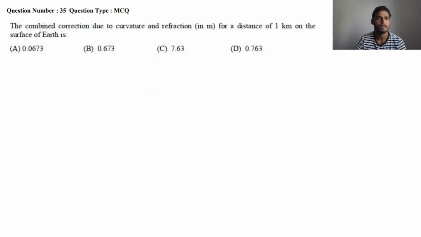Next question. The combined correction due to curvature and refraction for a distance of 1 kilometer on the surface of the earth. We have seen this many times.